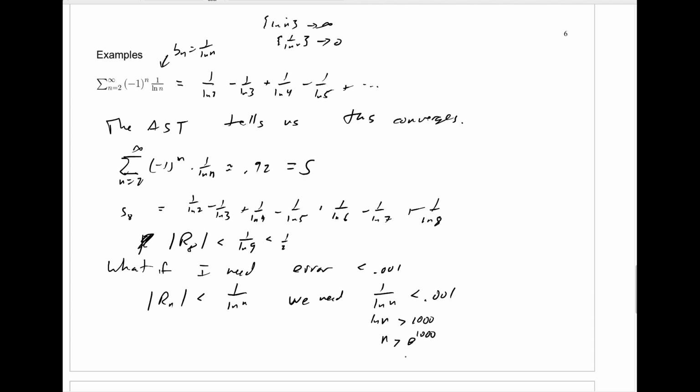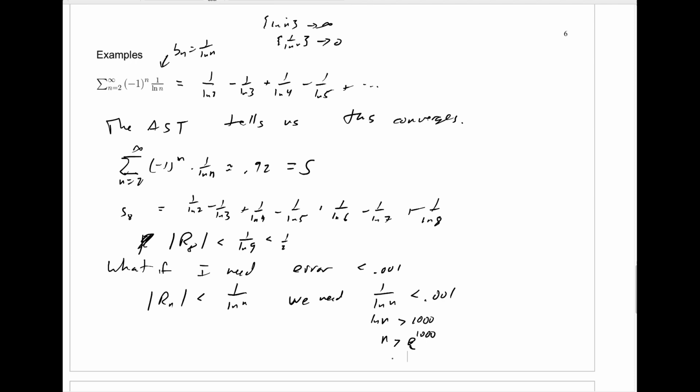Now, e to the 1,000th is an astonishingly huge number. 1,000 is pretty big, but e to the 1,000 is just ridiculously big. And you'd have to go all the way out to the e to the 1,000th term to know that you had the e to the 1,000th partial sum within 0.001 of the correct sum s.